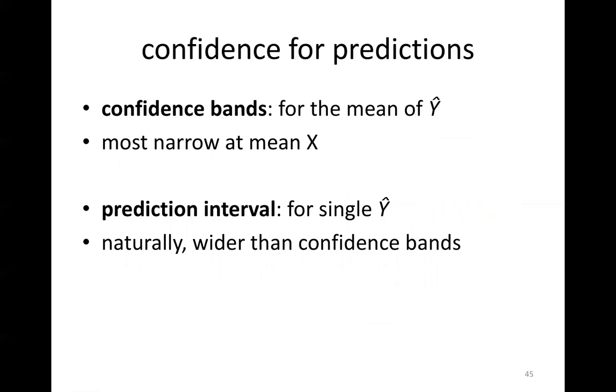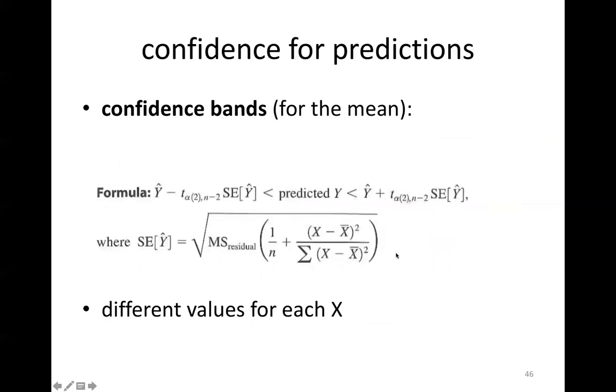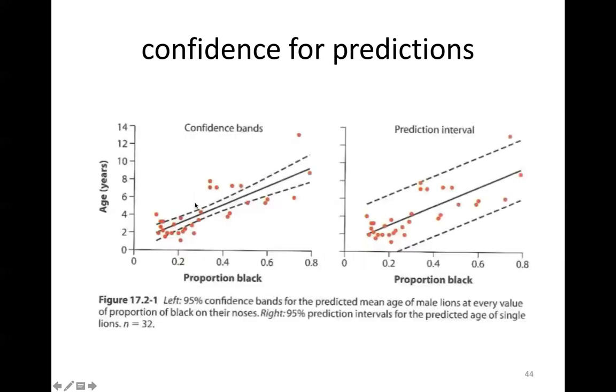Prediction intervals are, of course, wider. You don't have to memorize formulas again, but you should be able to understand and interpret formulas. So, for instance, here we have the formula for confidence bands. This is what we see here.